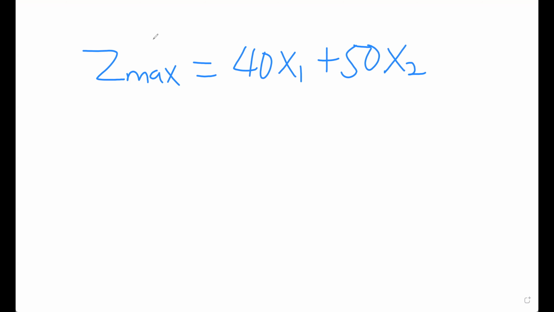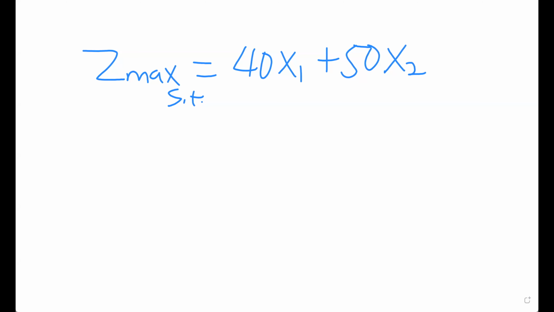Therefore, the 40x1 is the total profit from all the Yogo, whereas the 50x2 is the total profit from the total Choco sold. It's an optimization model that is subject to what I'm about to give you now.